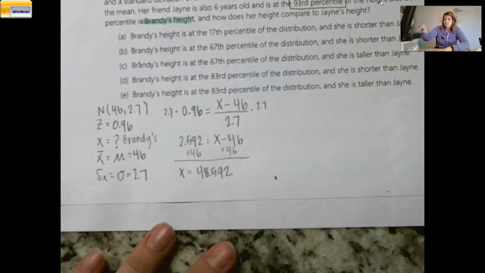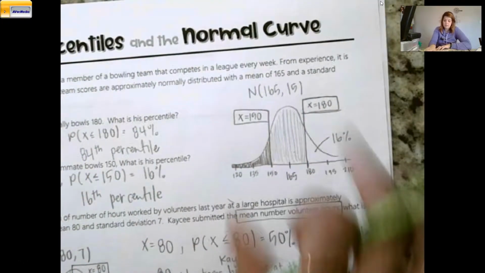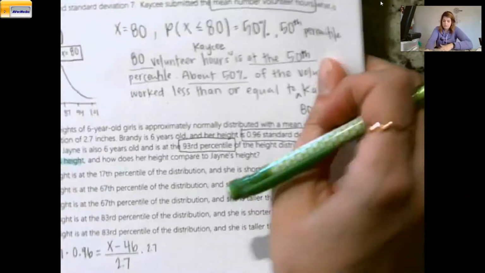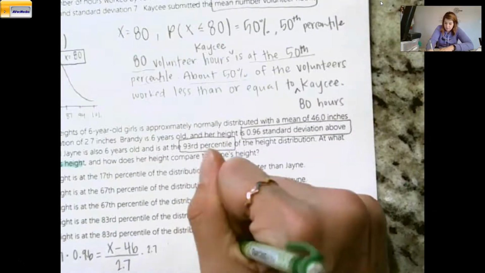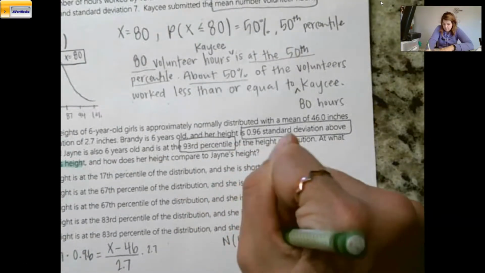How do we find her percentile? Well, in these two problems, I had to draw the normal curve and label it. So let's draw the normal curve. Remember, our parameters are 46 and 2.7.